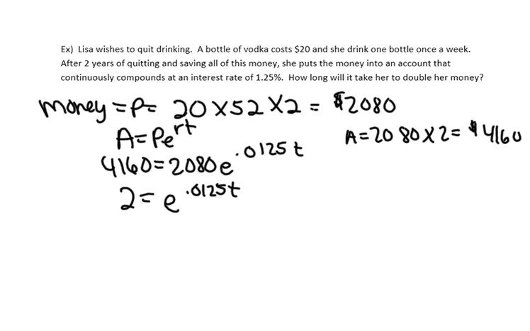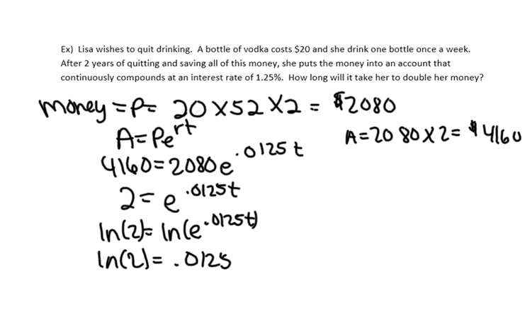Now remember, natural base E and the natural log are inverses of each other. So I'm going to take the natural log of both sides. Now remember, you have a property we talked about earlier so that the right-hand side is just this expression.